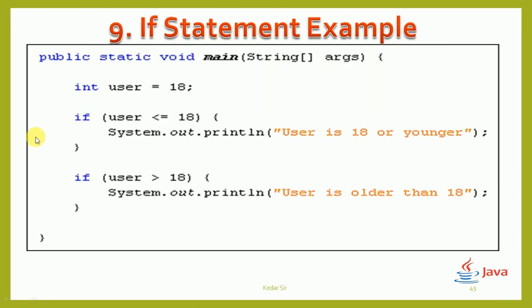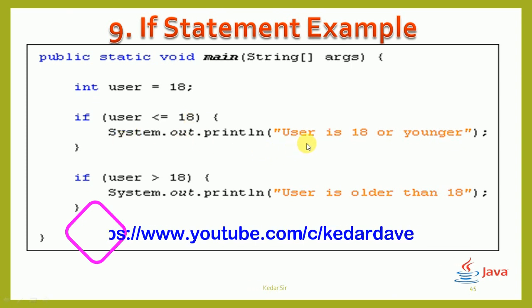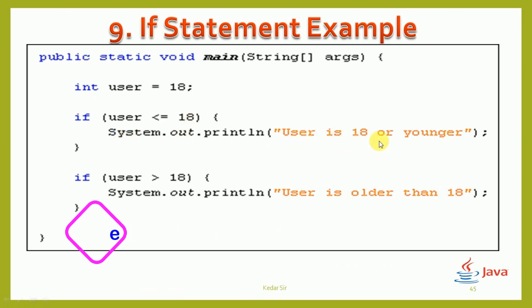Here one example is given, a simple Java program. If user is less than or equal to 18, then it will print the message 'user is 18 or younger'. And second, if user is greater than 18, then it will generate a message to the user: 'user is older than 18'.